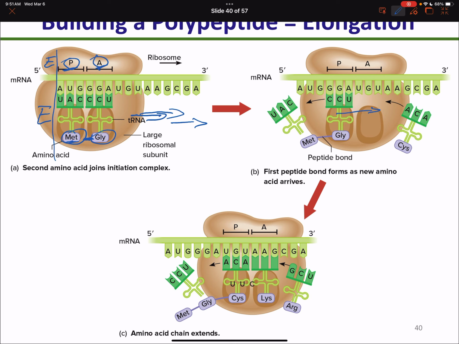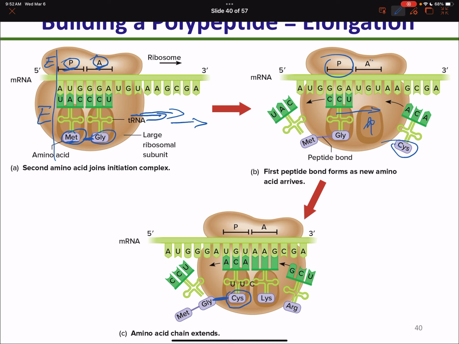Now, notice that the tRNA that was carrying glycine is the one that is now on the P site. Okay? And now the A site is empty, right? A new transfer RNA is going to come and sit here, bring the new amino acid. And this is how cysteine is going to come and actually attach right here, right?